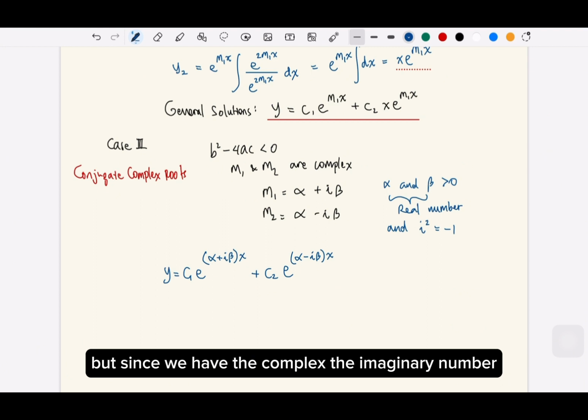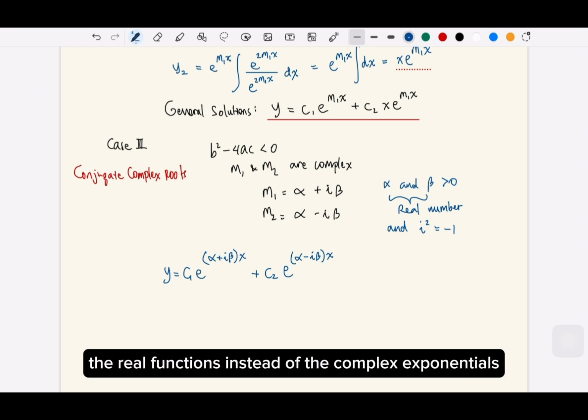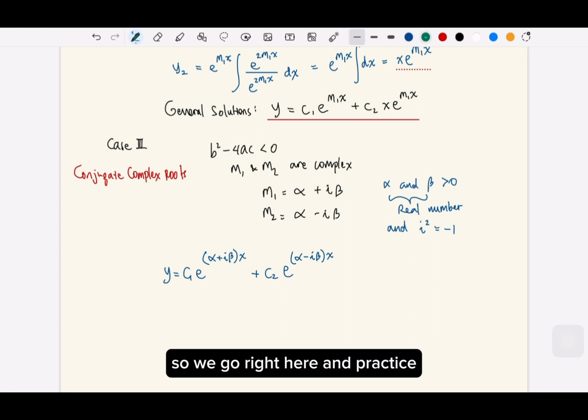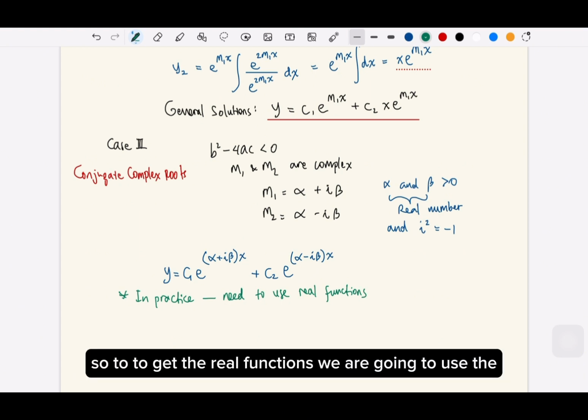But since we have the imaginary number, we would like to have real functions instead of complex exponentials. So in practice, we need to use real functions. To get the real functions, we are going to use Euler's formula.